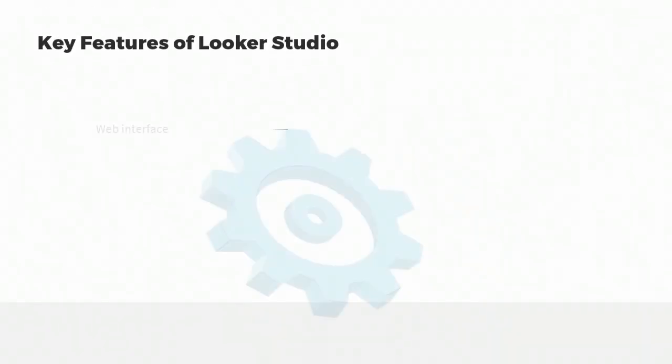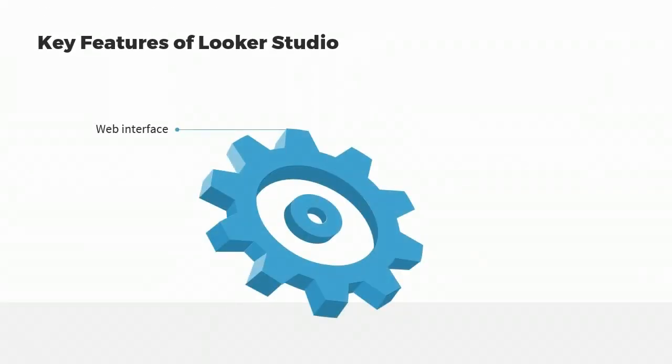Now, here are some more key features of Looker Studio. It offers an easy-to-use web interface, and so you can actually just drag and drop your objects. It's as simple as that. You don't actually have to write any code at all if you don't want to. There are also report templates available, so you can use a report template to visualize our data in just minutes, so it's very quick to get business intelligence from. All I have to do is connect my data sources and customize the design to meet the needs that I'm looking for.